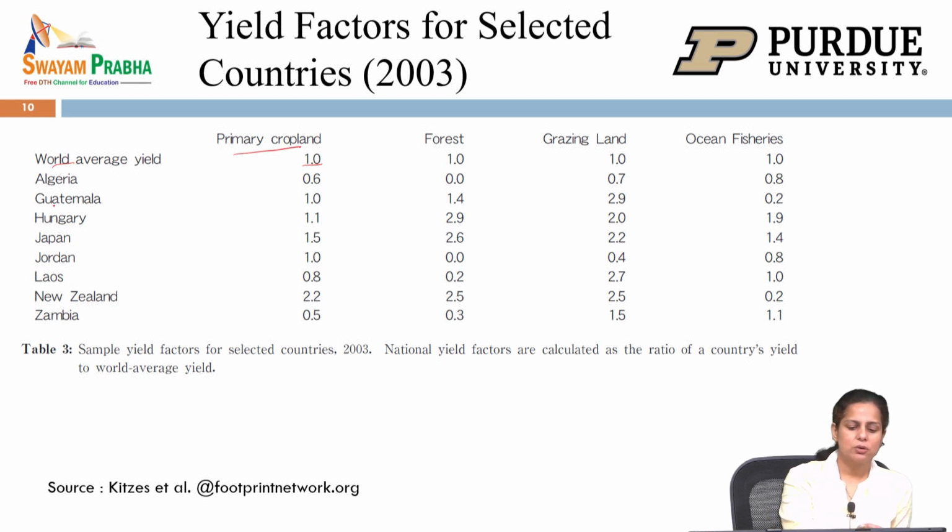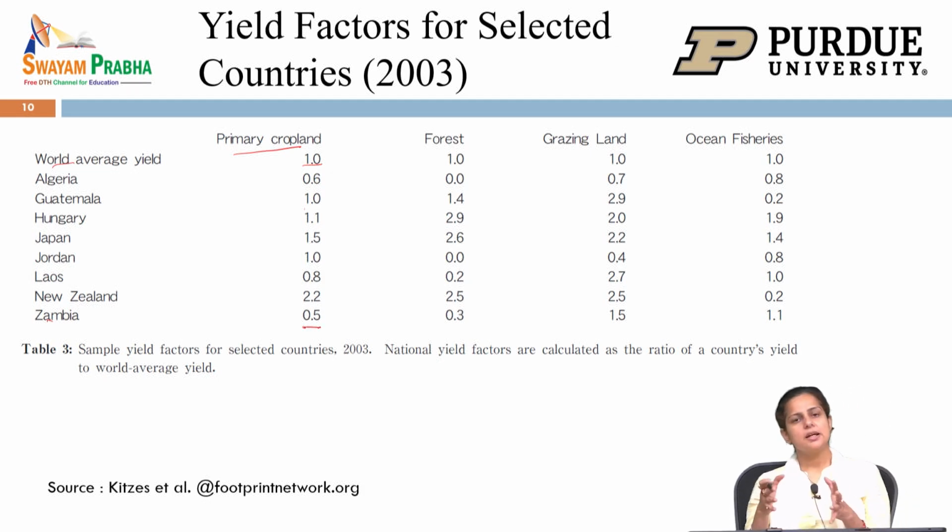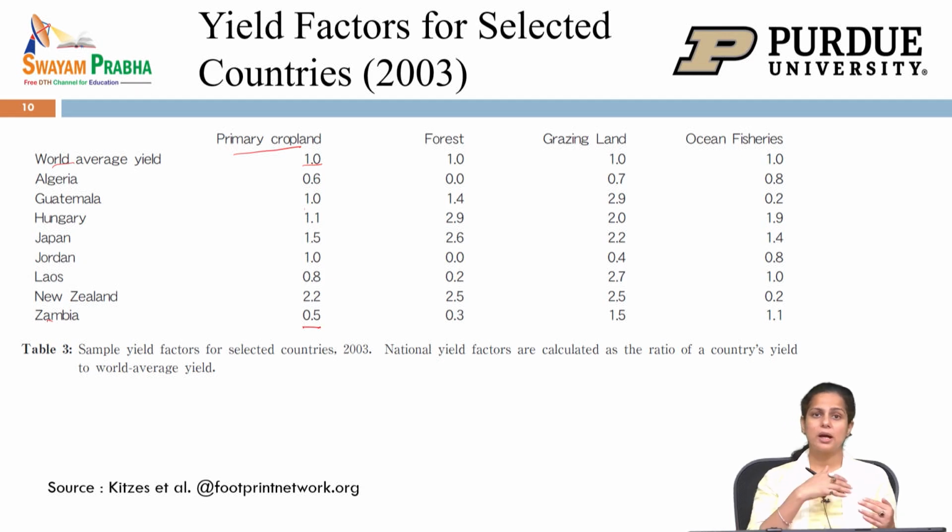Guatemala is very close to the average productivity of the global hectare, Hungary is also 1.1, Japan has a higher productivity of 1.4, but Zambia is really low at 0.5, which means that a hectare of cropland in Zambia is not the same as a hectare of cropland in Japan. So, if you are growing a crop in Japan, you will have a higher ecological footprint because you have a higher yield. So, you are consuming resources of higher quality.